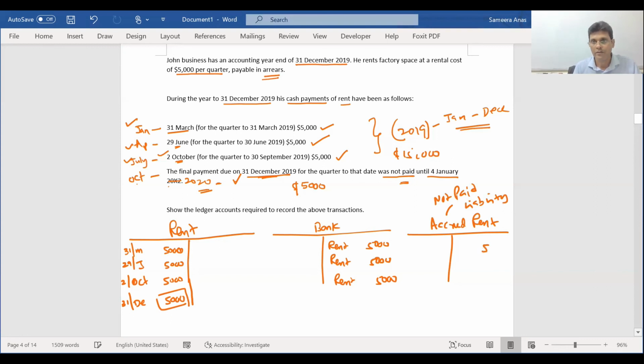So 5,000 has to be credited as accrued rent. So this is the ledger entry. So accrued rent credit, and this is the rent expense account, it has to be debited. So this is basically accrual accounting.